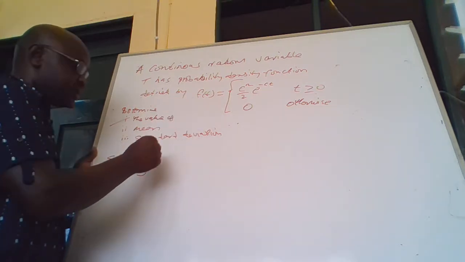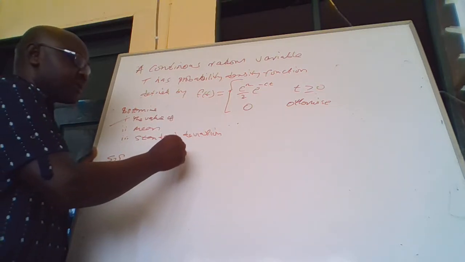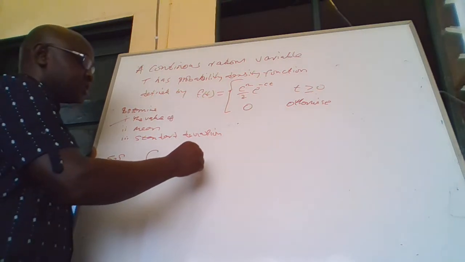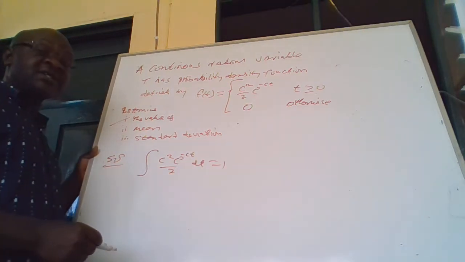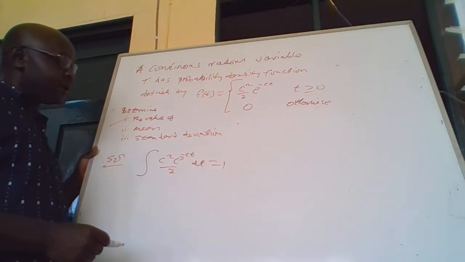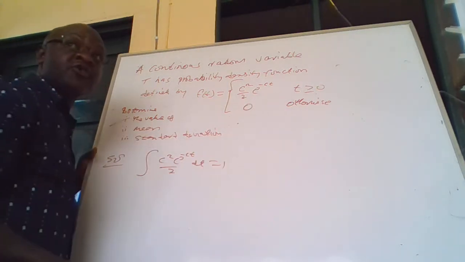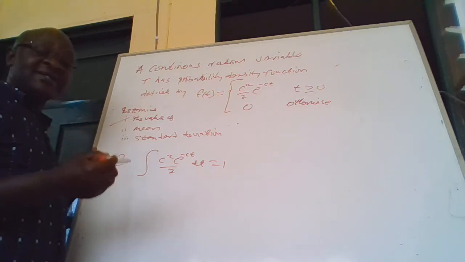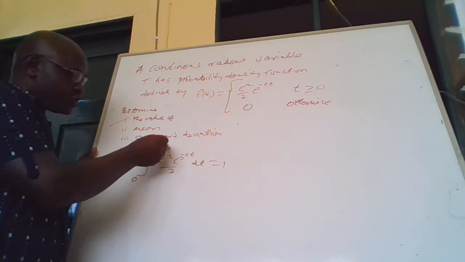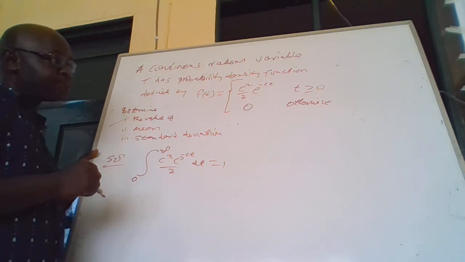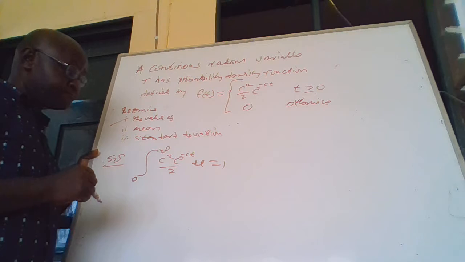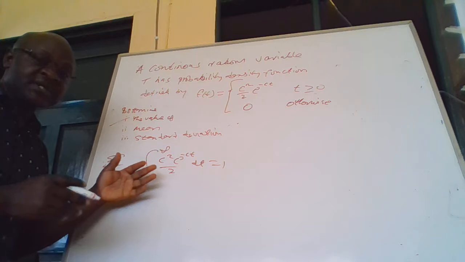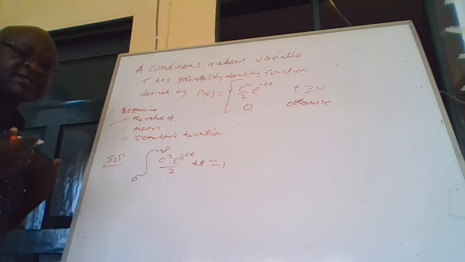Therefore, when we integrate c² e^(-ct) over 2 dt, it must give us 1. We're integrating from 0 to positive infinity, since t is greater than or equal to 0. Here c² and 2 are constants, so we can take them outside the integral sign.